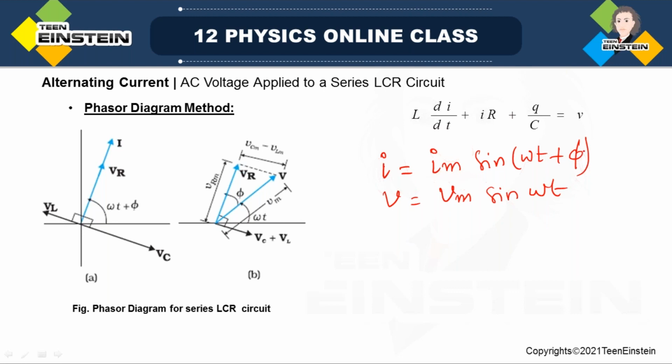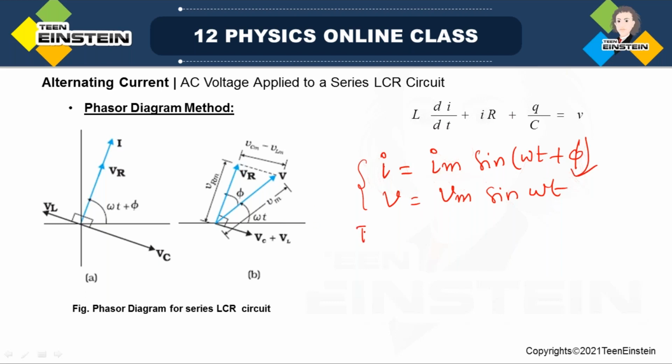So you can see from here that we have just assumed that there is a phase difference between the applied voltage and the current, and that phase difference is phi.